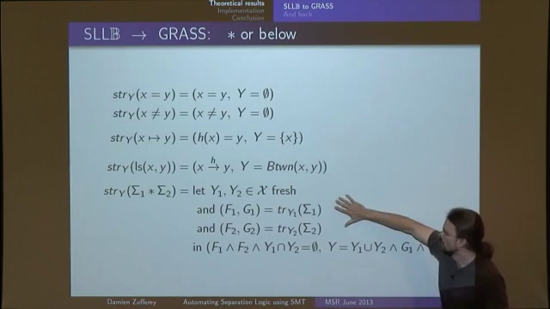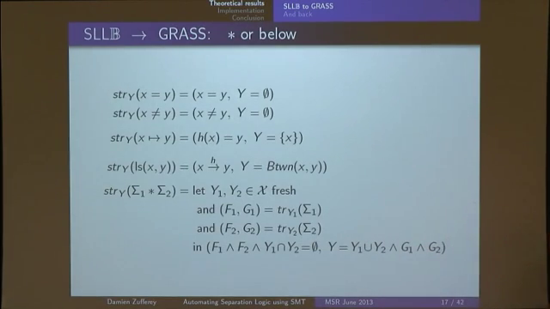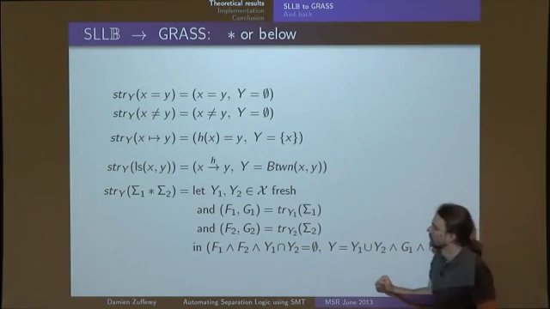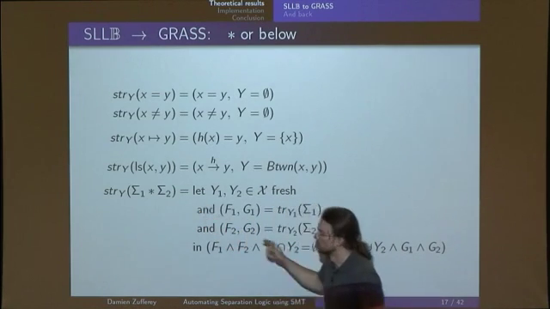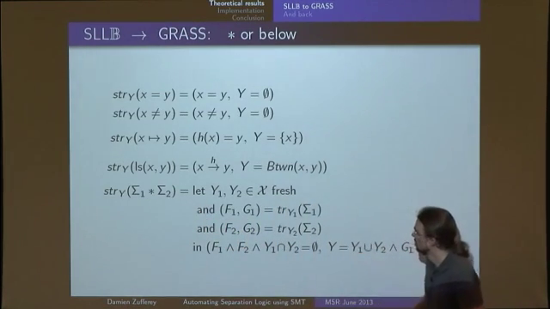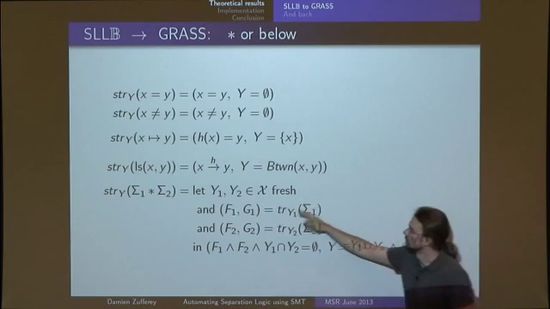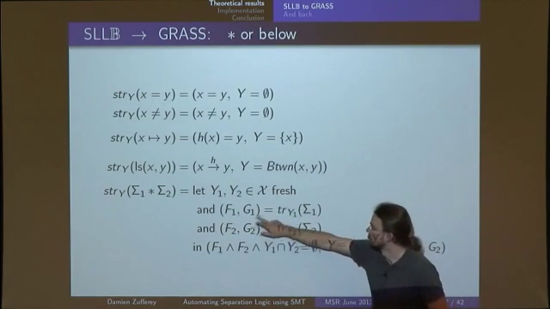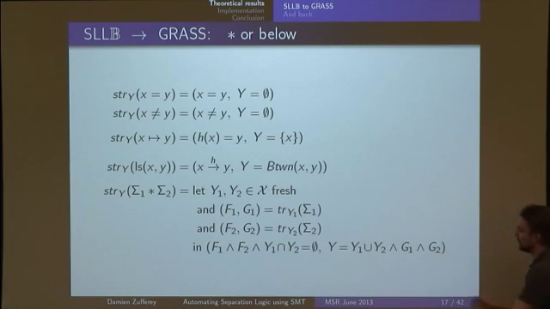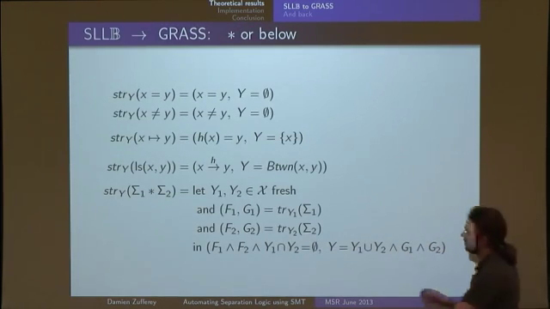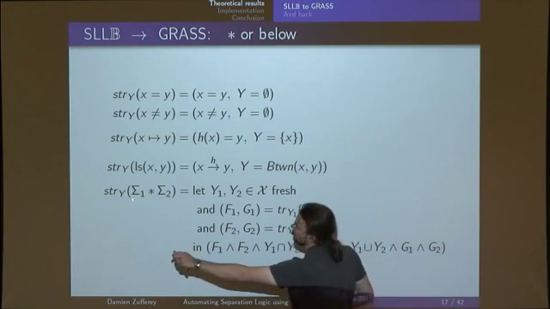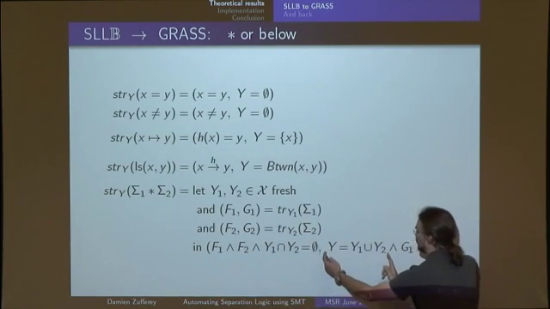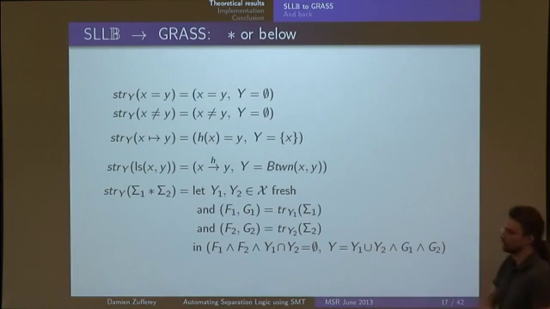And now comes really the tricky part. One of the first tricky parts is that we will recurse over the two subformulas. For that, we introduce two fresh sets that will be defined in the translation, G1 and G2. We put this as part of the definition of the set. Then we have introduced these fresh sets, but we still need to define Y. So the definition of Y will be the union of the two subheaps.